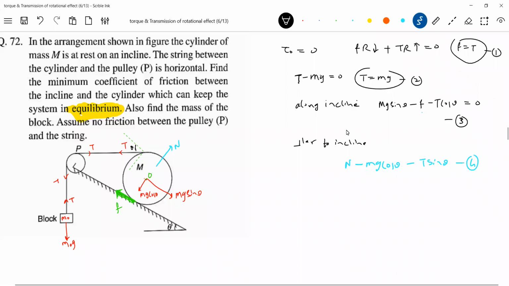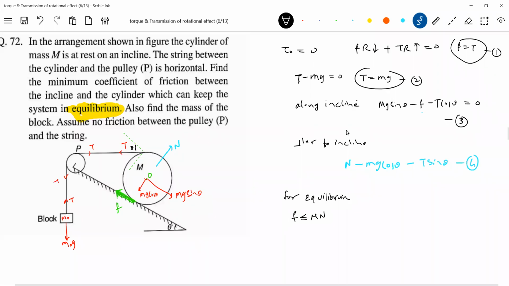For equilibrium, what is the basic condition? F should be less than mu N, no? From here, I'll get a condition. But we don't know F, how to calculate? It's static friction.